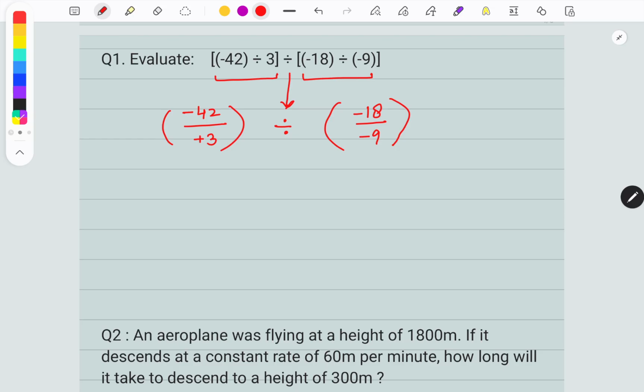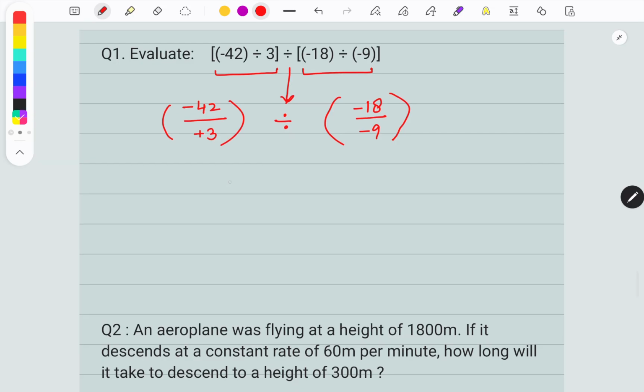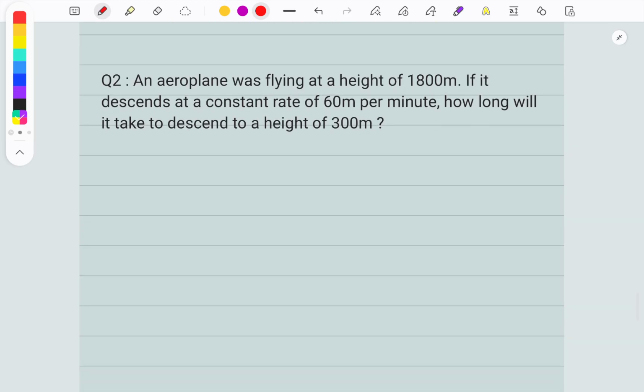When we solve this, minus 42 divided by plus 3 gives minus 14, which will be divided by plus 2, and this is equal to minus 7. So we solved this problem using the same rules, and now we move on to another question.